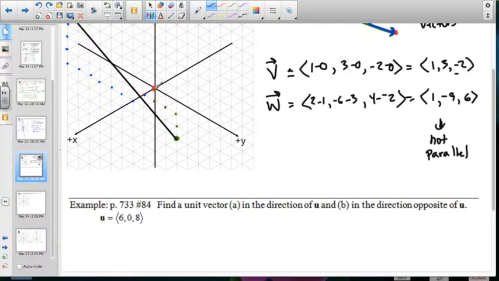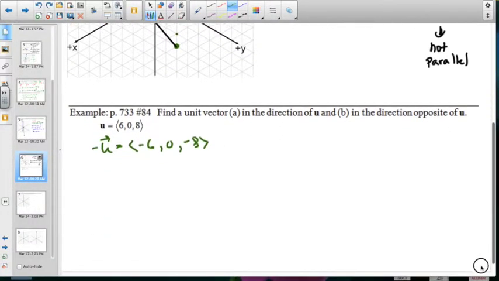So instead of this way 6, we're this way 6. Instead of up 8, we're down 8. So we're -6 and -8. That would be the opposite direction. So we're really talking about a negative vector u. And so our negative vector u would be -6, 0, -8.